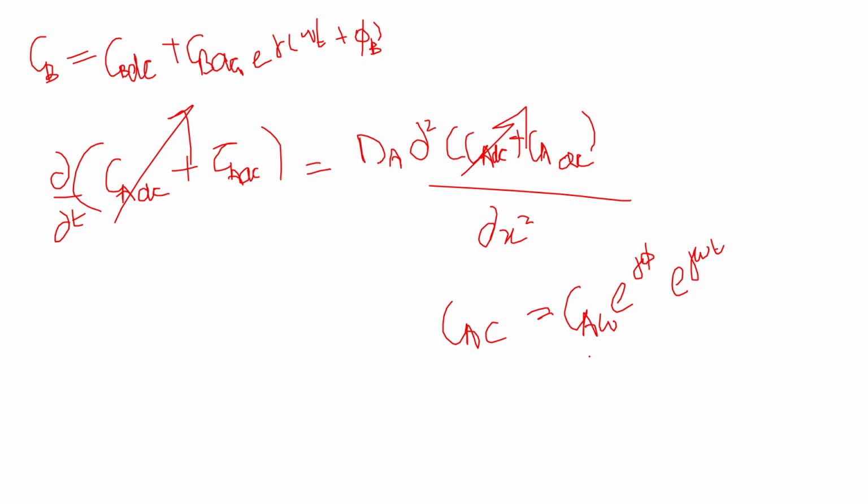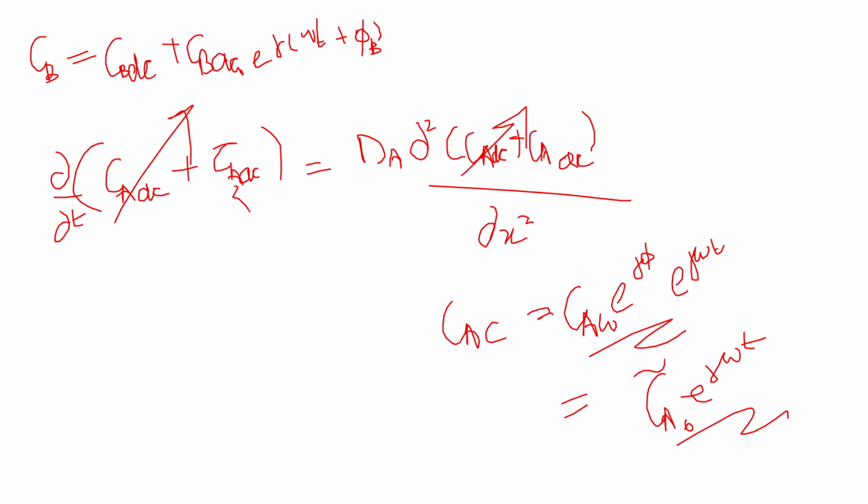So all these are constants, right? I can write that as CA naught with a hash at the top times e raised to j omega t. So this is what I'll be substituting for this CAC.